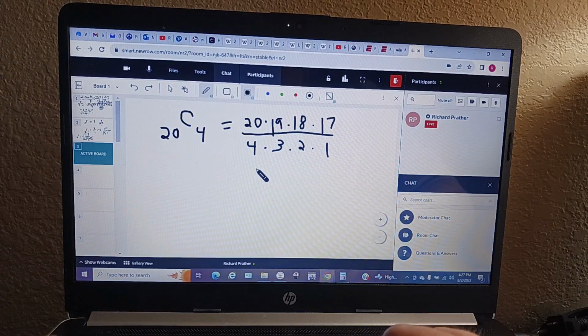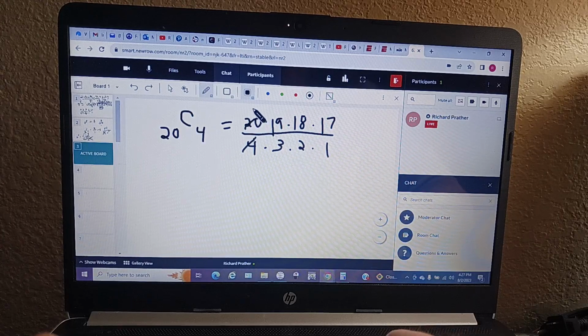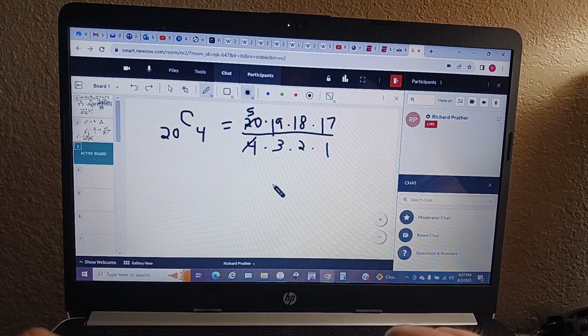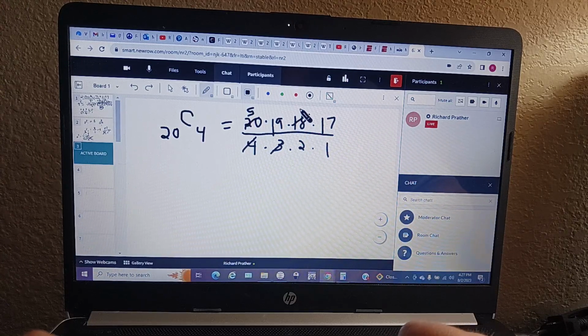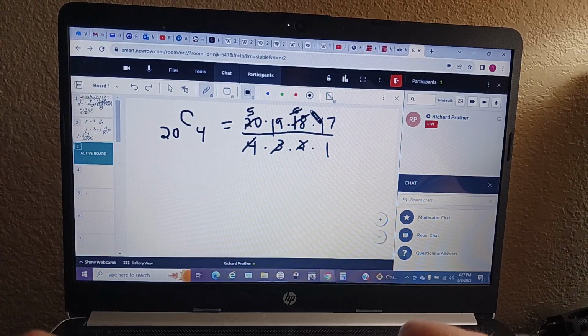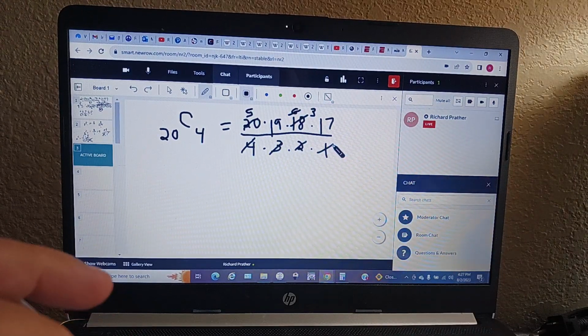So then I could say, okay, 4 can go into 20 5 times, or you could pick a different one, sometimes you can have more than one choice. 3 can go into 18 6 times. And 2 can go into 6 3 times. You can use the same number more than once. And the 1 doesn't matter now that there's other stuff here.